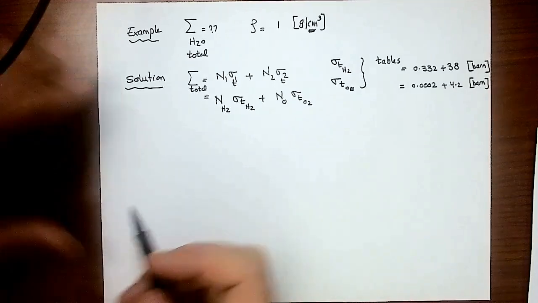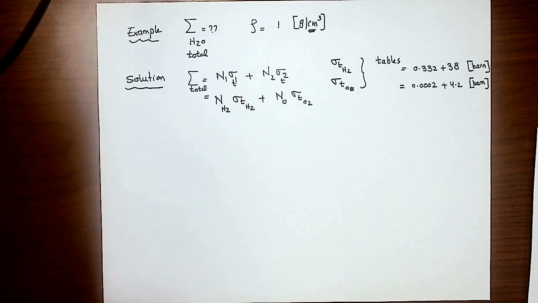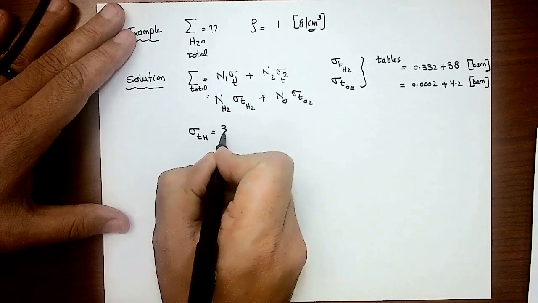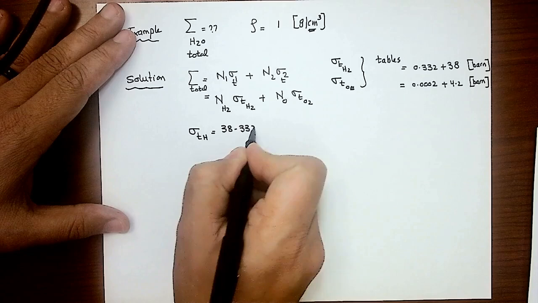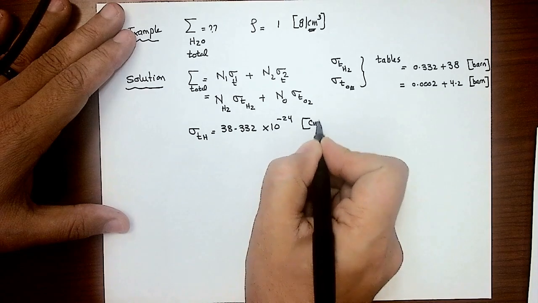If you do that, you can simply calculate the total. Sigma total hydrogen is simply 38.332 times 10 to the minus 24 centimeter square.